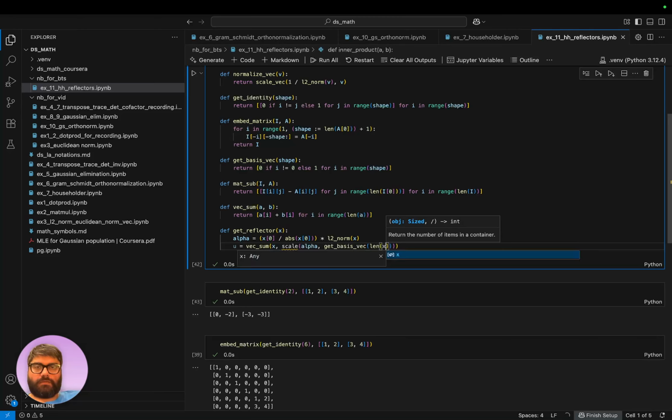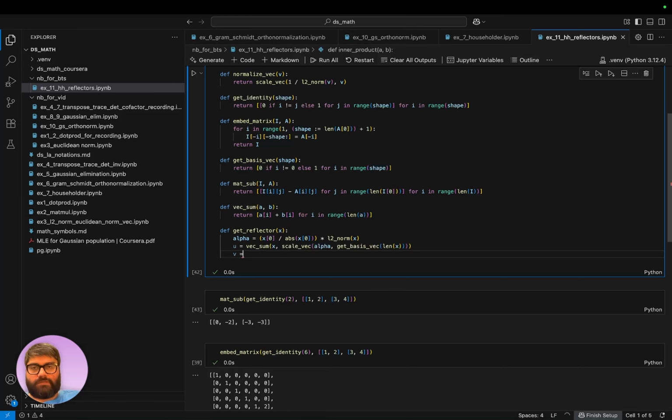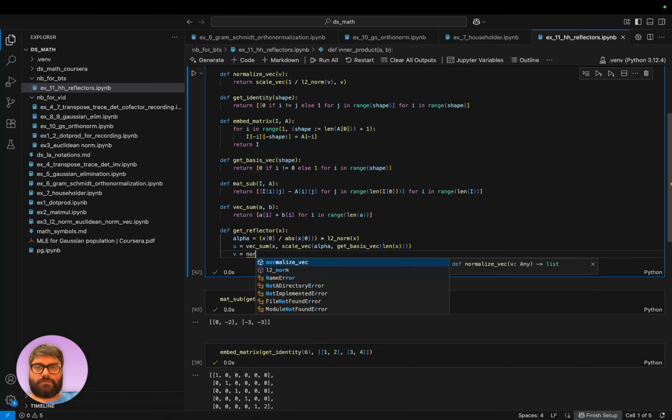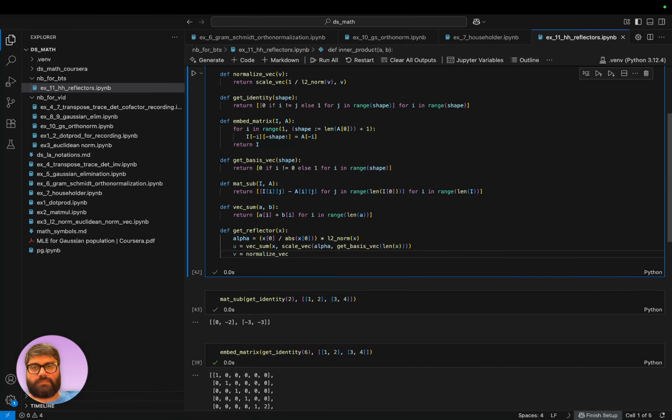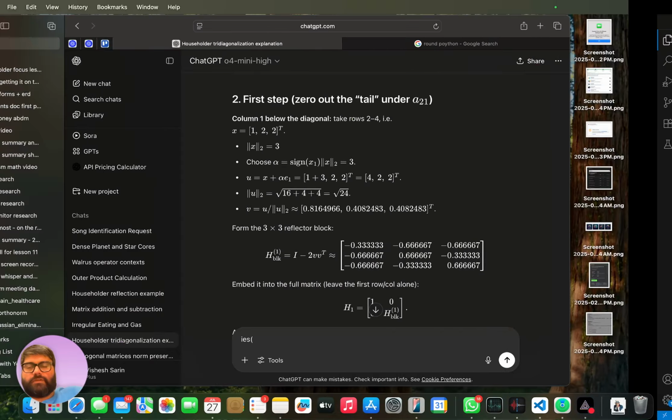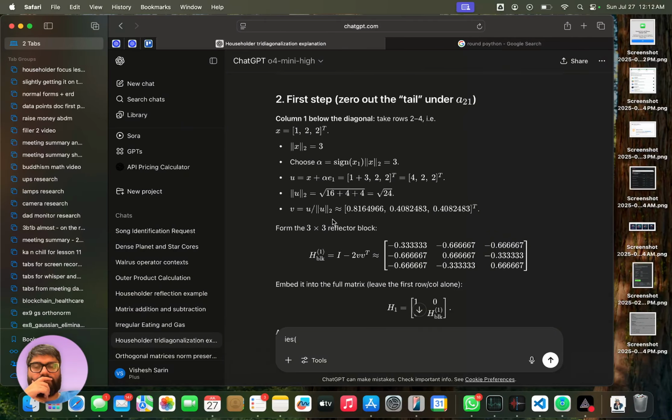Let's do that. Scale spec. Okay, v equals the normalized version of u, I mean.